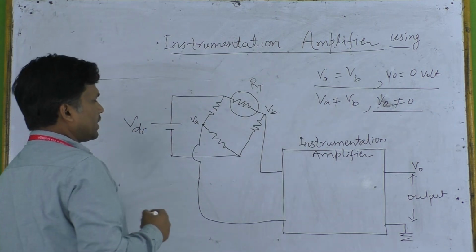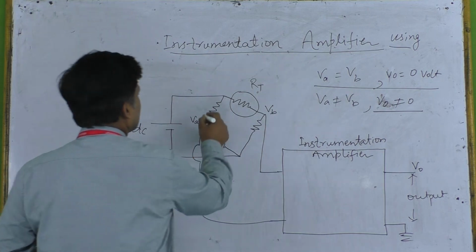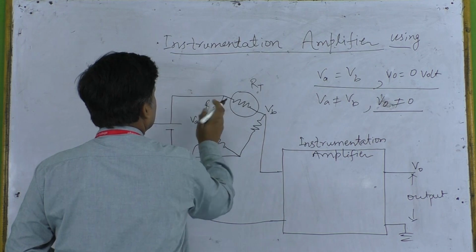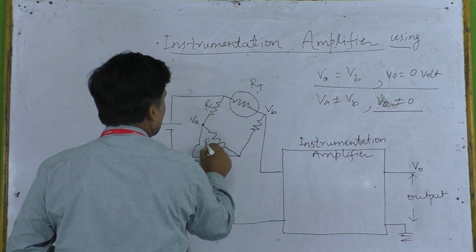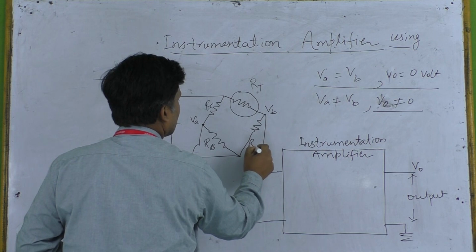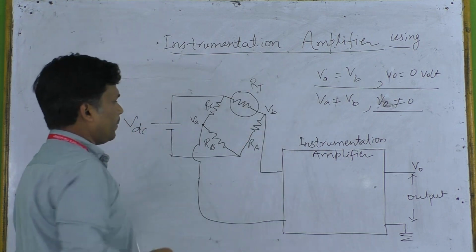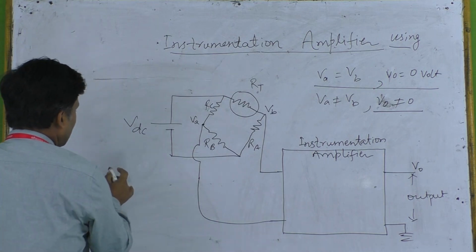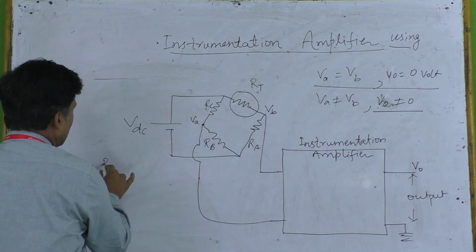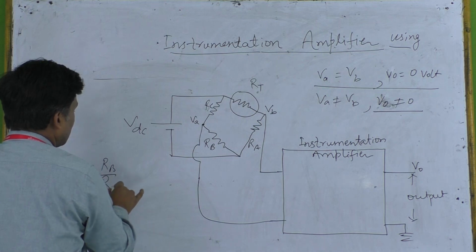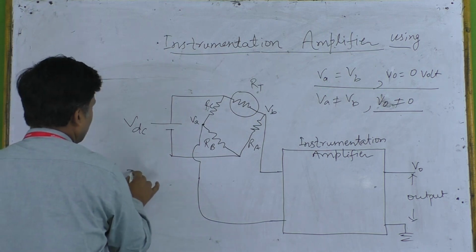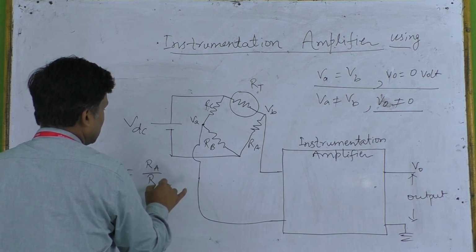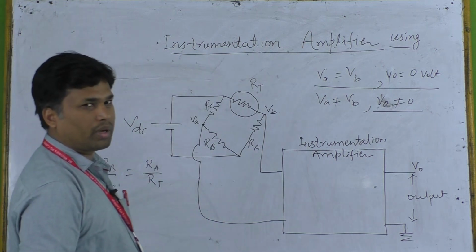So say at a particular temperature, for all these resistances, RA, RB, RC, RT, according to the Wheatstone bridge, whenever RB upon RC is equal to RA upon RT, then this bridge will be balanced.